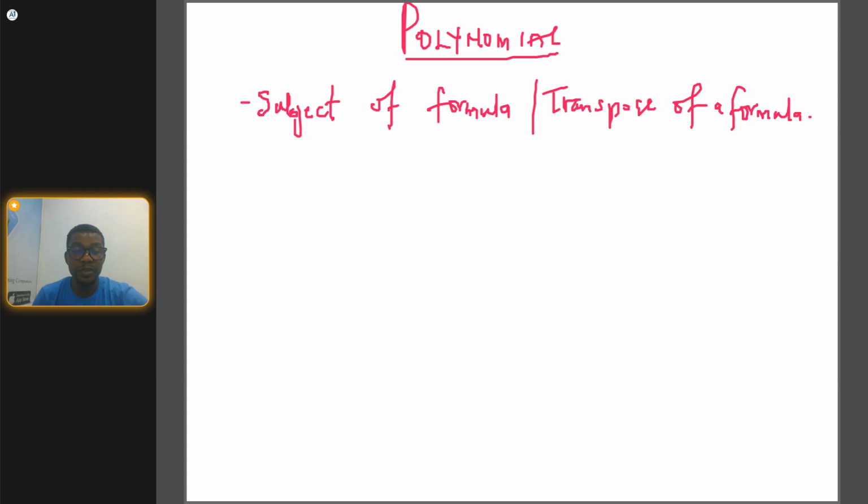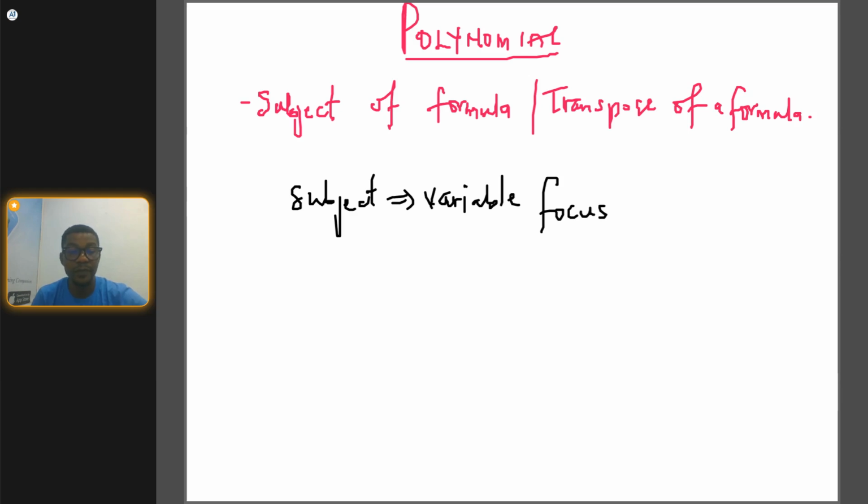So we said that subject means the variable of focus, just like what we have in English, where a subject is the one that performs an action in a sentence.